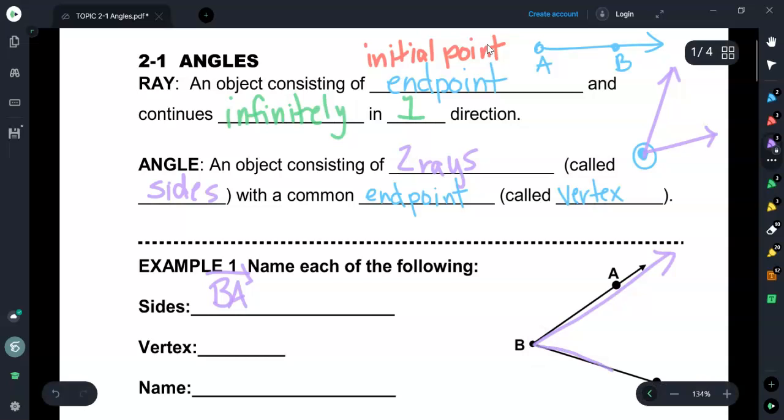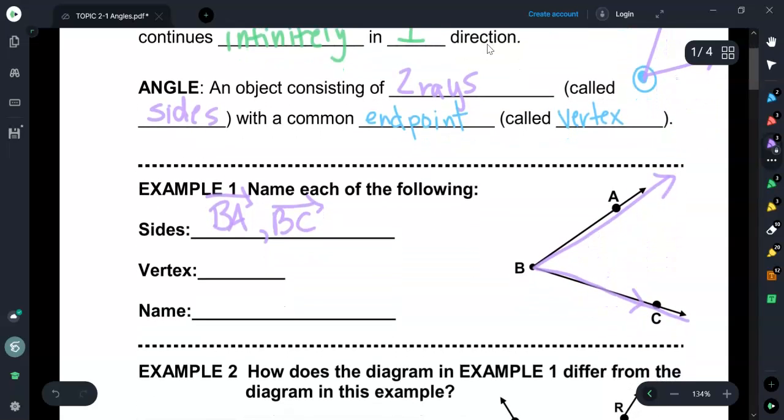My other side is going to be ray BC, the ray that starts at B and goes through C. Let me go ahead and advance this. There we go, that'll make it a little better so we can see it, and I'll redraw the picture. So those are my two sides, the two rays. What is my vertex? Well, that's this guy, B. B is my vertex.